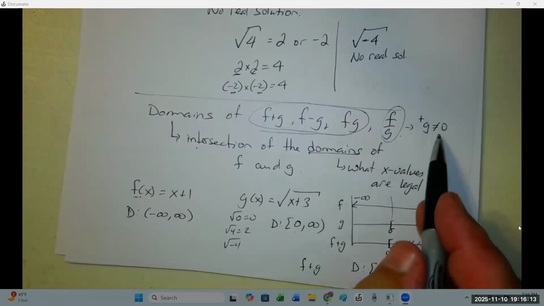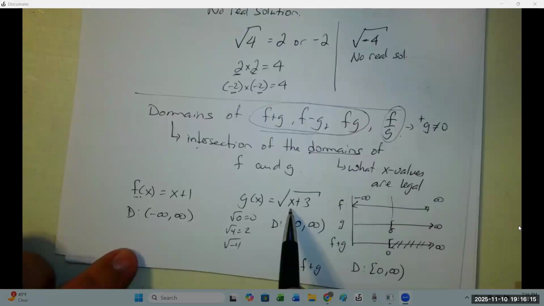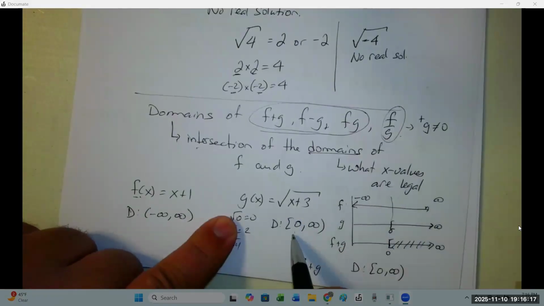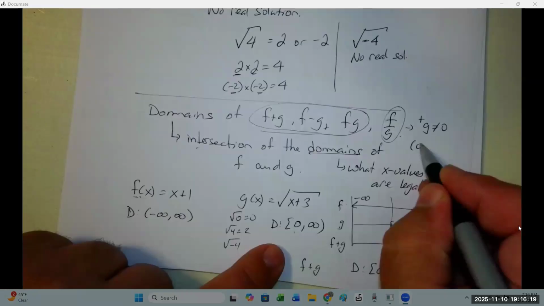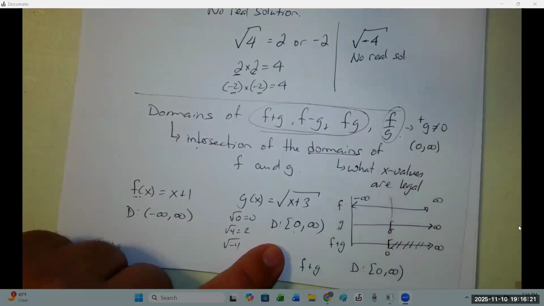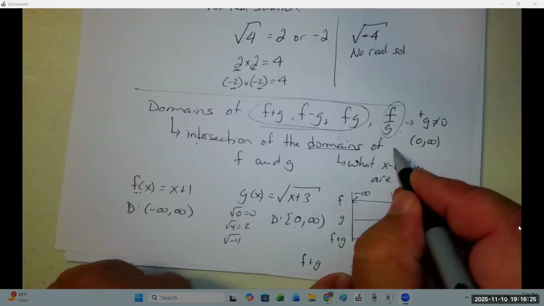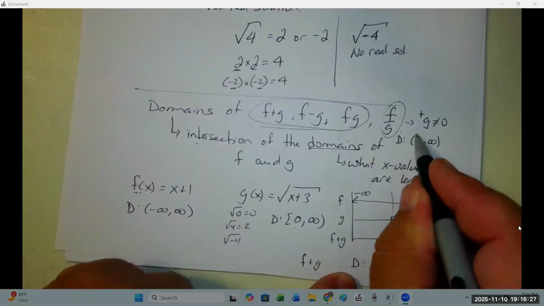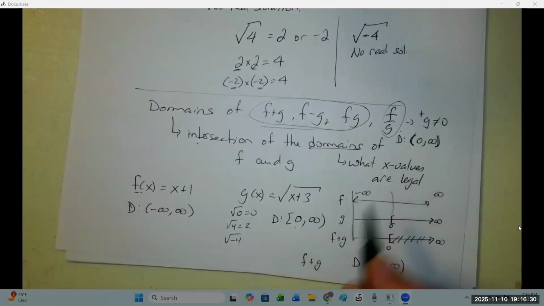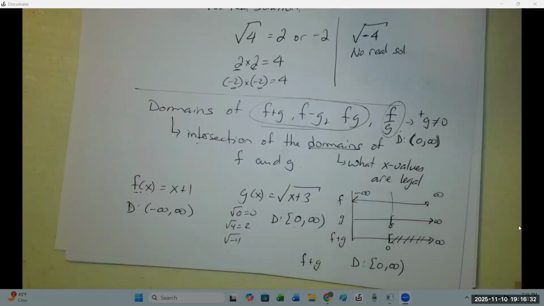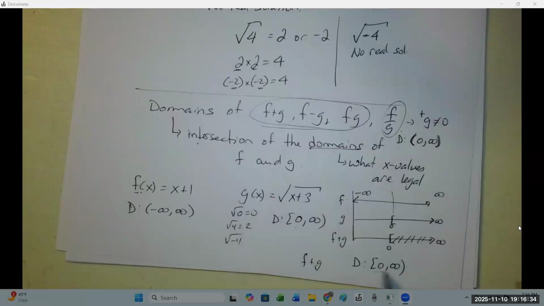Anything that makes the bottom equal 0 cannot be used. Since g is on the bottom, we couldn't use 0. Our domain would be from just over 0 to infinity, even though the rest of these are from 0.